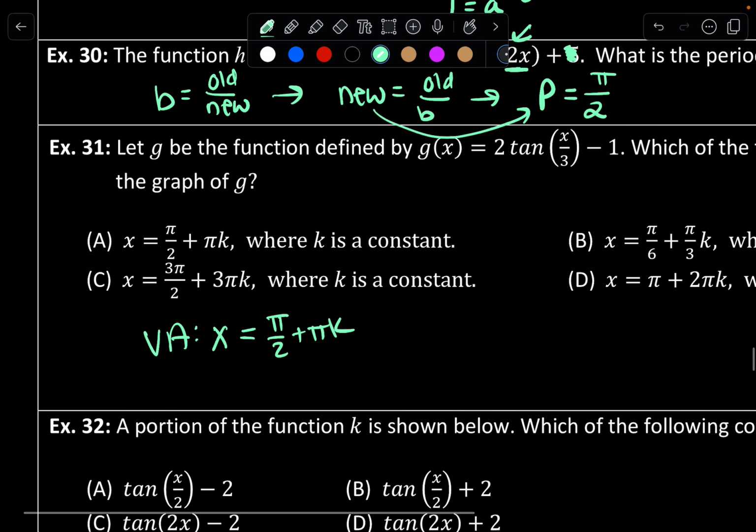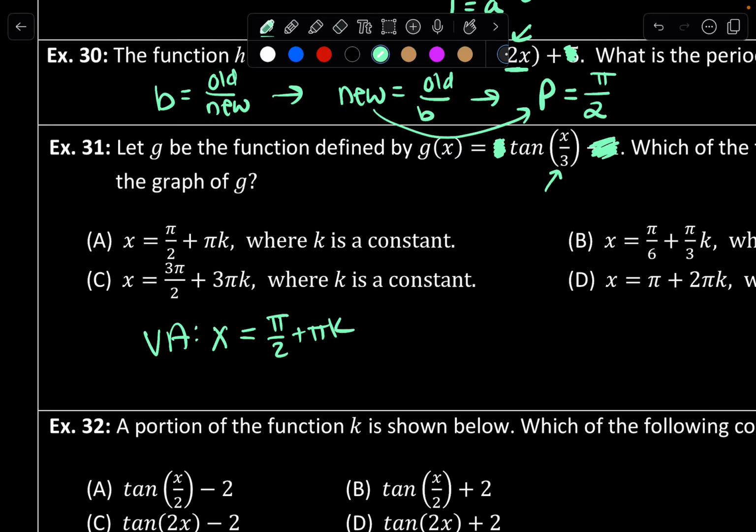All right, so vertical asymptotes are changed by whatever is changing the domain, or the x values, hence the x equals, okay? So that means I only want to use the transformations that are changing the inputs. The 2 changes the range, the -1 changes the range, therefore I'm only worried about this 3.